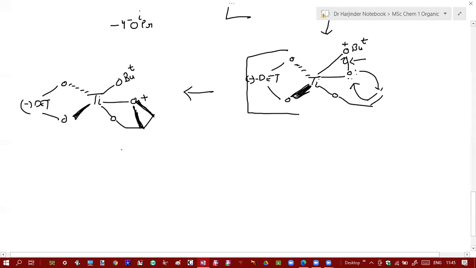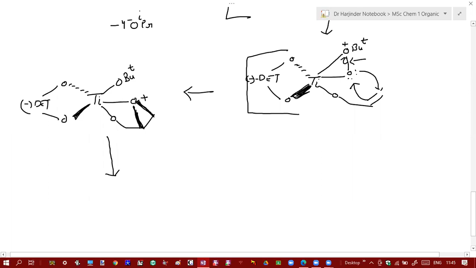What will be the next step? Again here you have positive charge over oxygen. This one gave its electrons and the addition happened, okay? But still you have a titanium oxygen bond, and due to this titanium oxygen bond you have positive charge over oxygen.